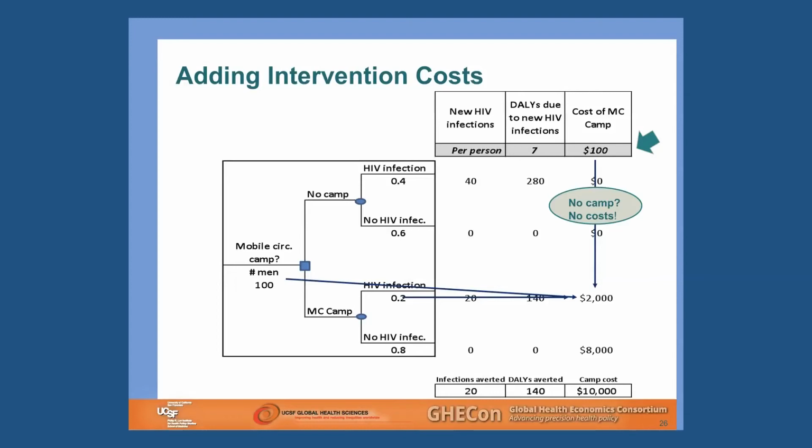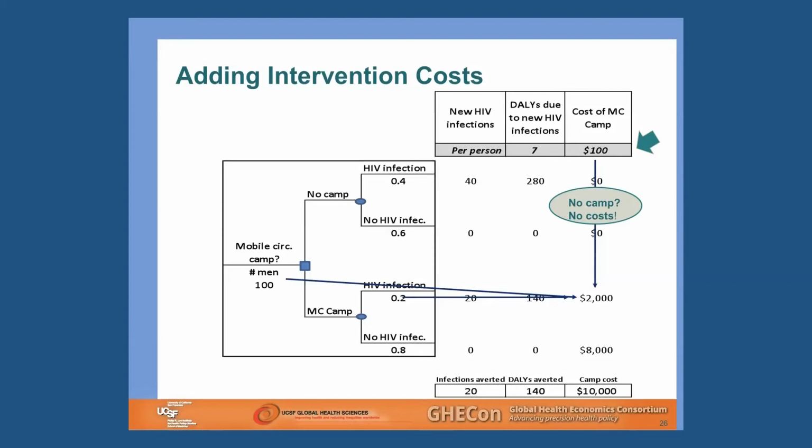And the 2,000 and the 8,000: 100 times 0.2 times 100 is the 2,000, and 100 times 0.8 for the non-infected men is 8,000. So even though they weren't infected, you're still paying for the circumcision, but they wouldn't have gotten infected, but you still need to pay the money. So we get a total camp cost of $100, and we've averted 140 DALYs.